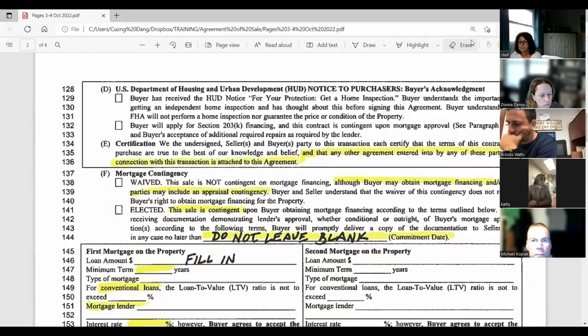E, certification. We, the undersigned seller and buyer party to this transaction, each certify that the terms of this contract for the purchase are true to the best of our knowledge and belief, and that any other agreement entered into by any of these parties in connection with this transaction is attached to the agreement. So basically that means there are no other outside deals.